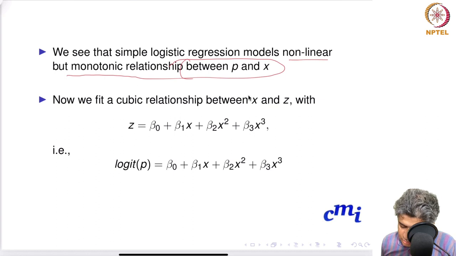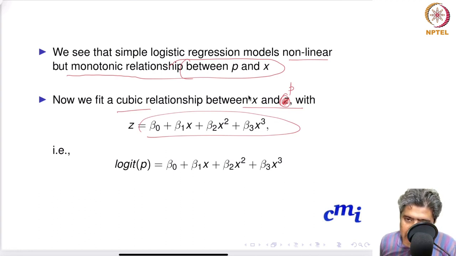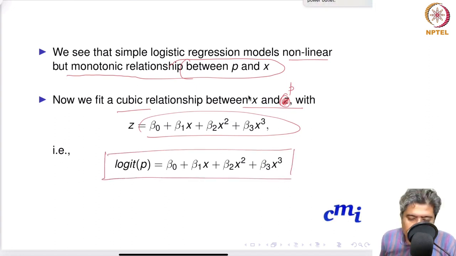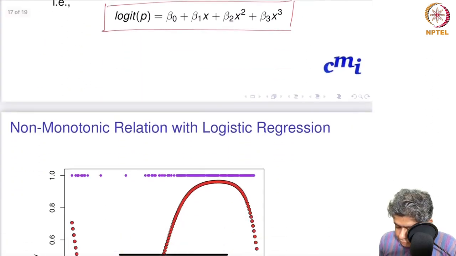So we fit a cubic relationship between X and Z, and we decided to go for beta naught plus beta 1 X plus beta 2 X squared plus beta 3 X cubed. The final model is logit P equal to beta naught plus beta 1 X plus beta 2 X squared plus beta 3 X cubed.